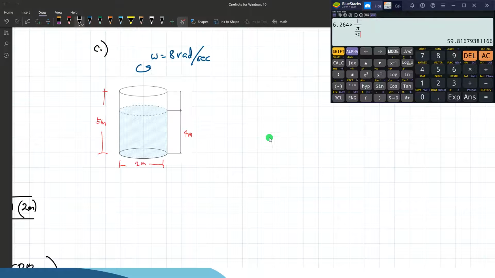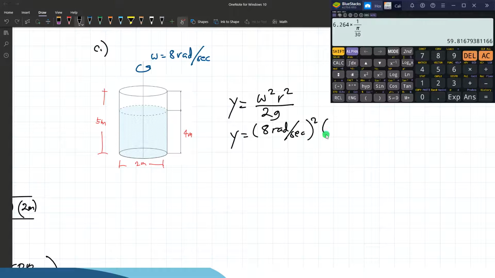For letter C, let's solve again for y, which has a formula of w squared r squared over 2g. So y equals 8 rad per second squared, r is 1 meter squared, divided by 2g, 9.81 meters per second squared. Okay, y is in meters.